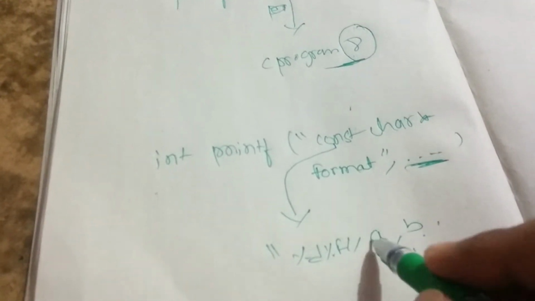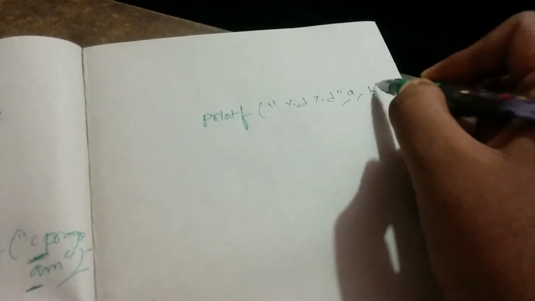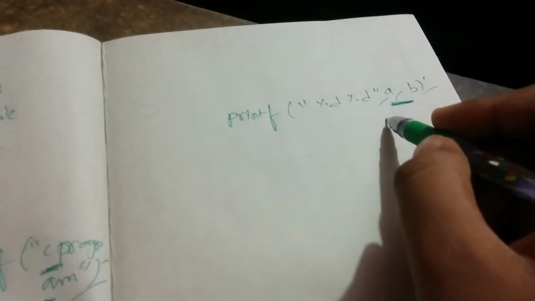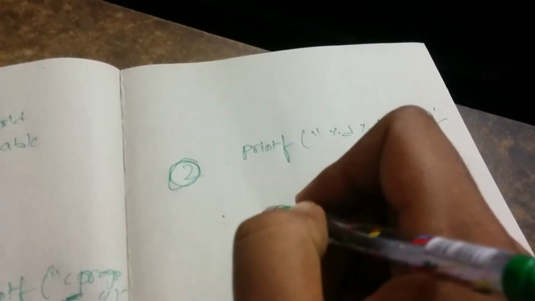Let's suppose the output is like printf("%d", a, b). What we expect printf to print is ab, but it also returns the number of items it is printing. It also returns 2, but we are not displaying it.